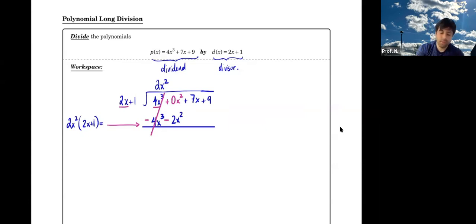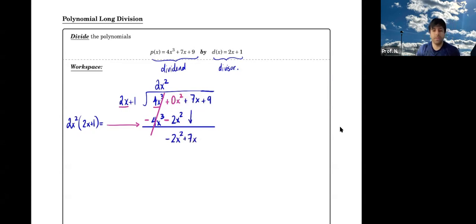What happens with the 4x cubed? They cancel. And if we hadn't written this, I know some students will take 7x and combine it with the 2x squared because they see it right above. But here it's a little easier to keep that in mind. So now this becomes -2x squared, and then we bring down the 7, so it's plus 7x.